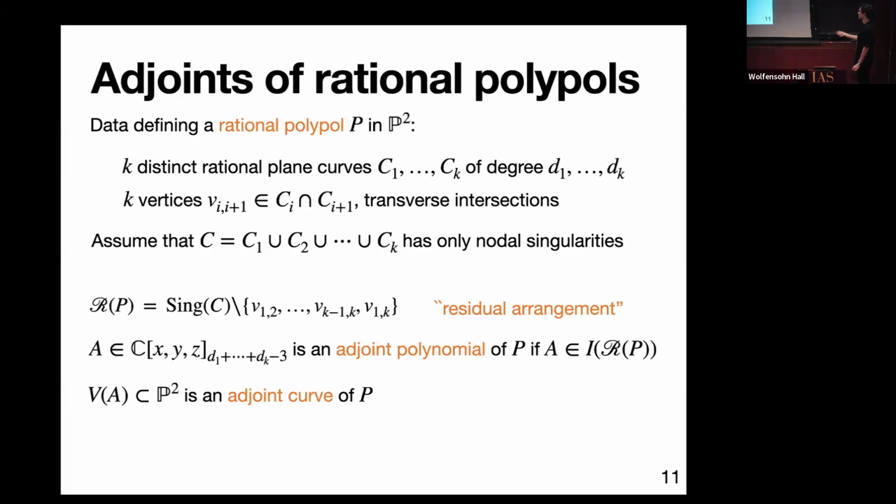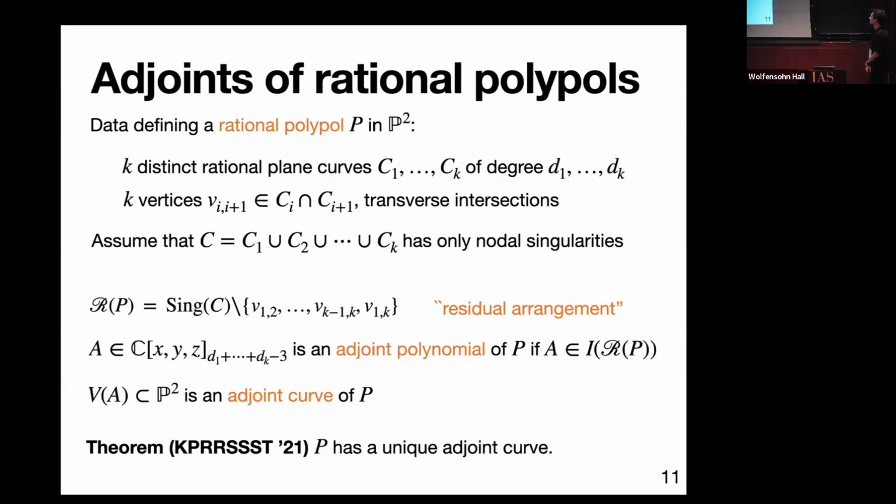And if I take the variety of this polynomial, this is called the adjoint curve of the polypol. As you can guess, why do we set it up like this? If you fit in with these conventions, my polypol has a unique adjoint curve.